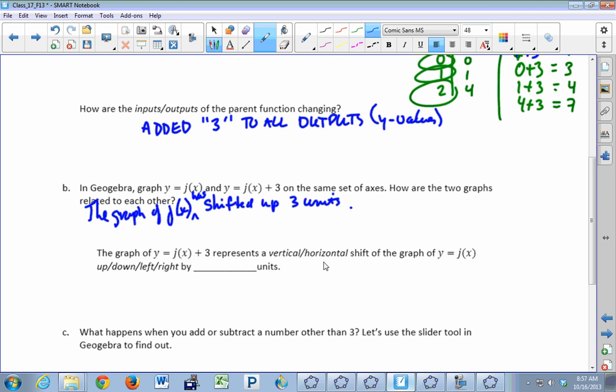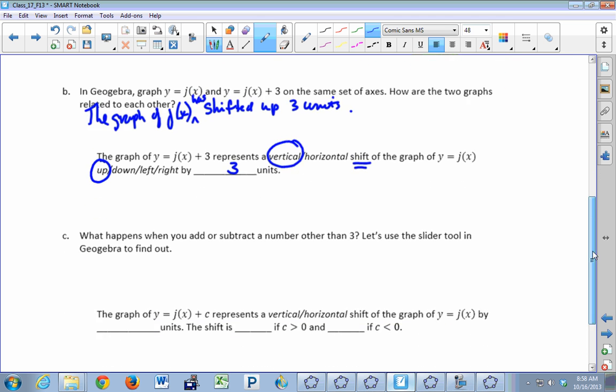Okay. So we say the graph of j of x plus 3 represents, because it's going up, a vertical shift of the graph y equals j of x up by 3 units. That's how we write it. Okay, everybody clear on that? It's going up, vertically up by 3 units.